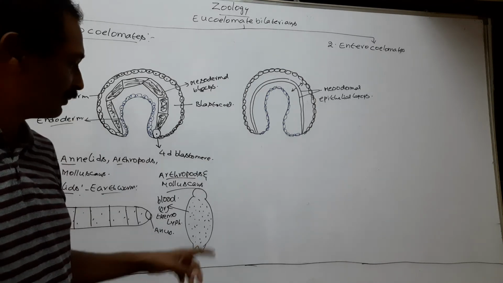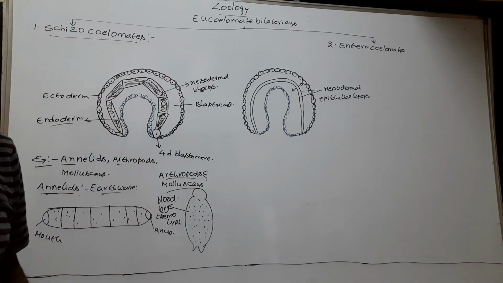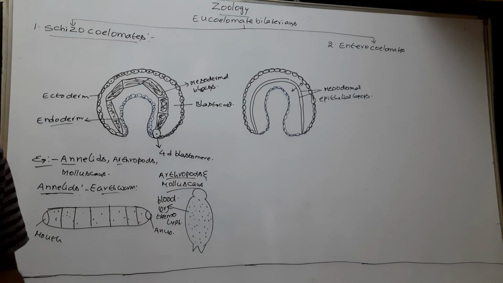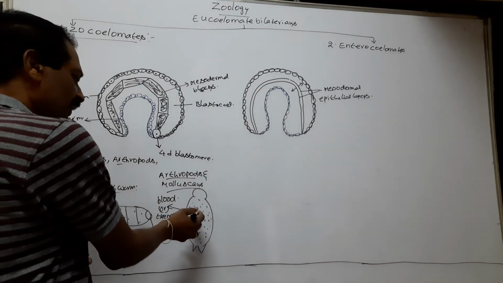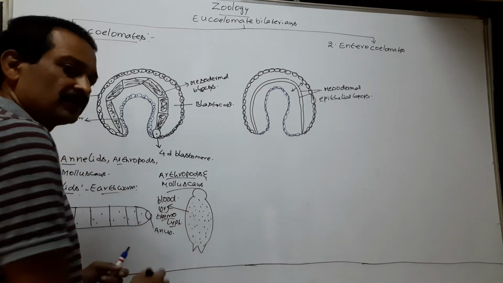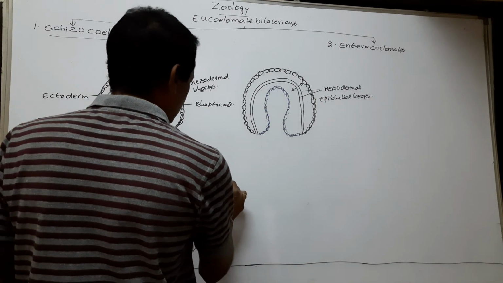So the body cavity or schizocoelom filled with blood or hemolymph is called hemocoel.